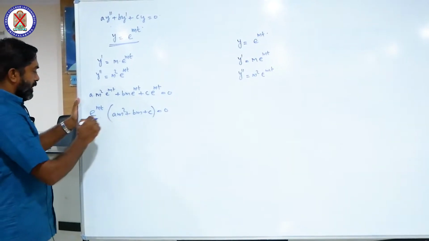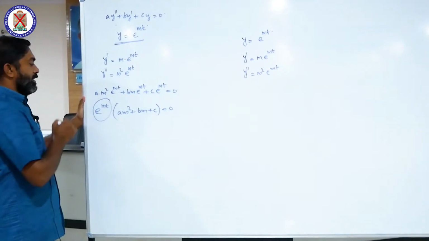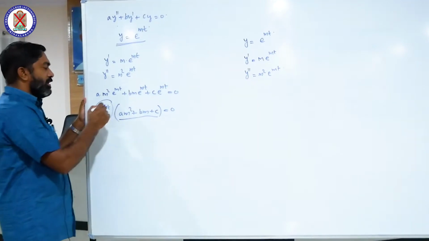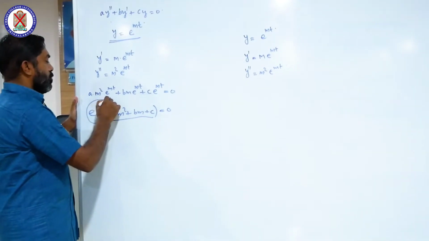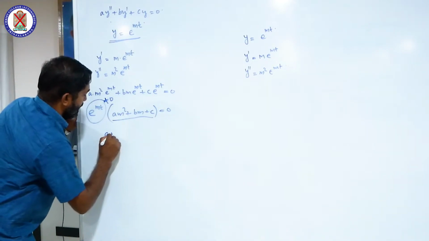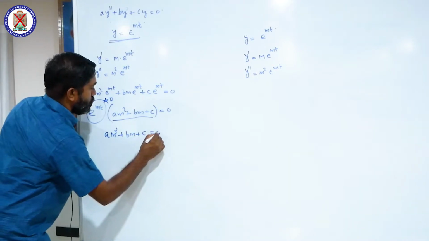The product of these two terms is equal to 0, means either e raised to mt equal to 0 or this one equal to 0. But the exponential function is never 0, so from this we can conclude that a m square plus b m plus c equal to 0.